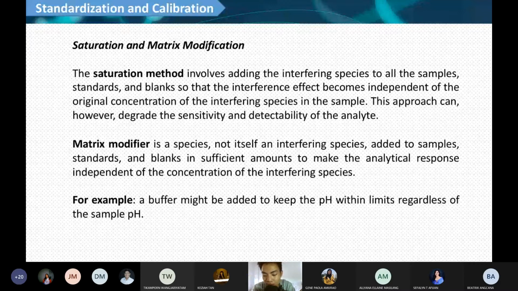One example of which is when doing blood chem. If you do not want other ions to be detected in your blood, then you have to add masking agents or matrix modifiers so that their concentration will not show up when doing analysis.